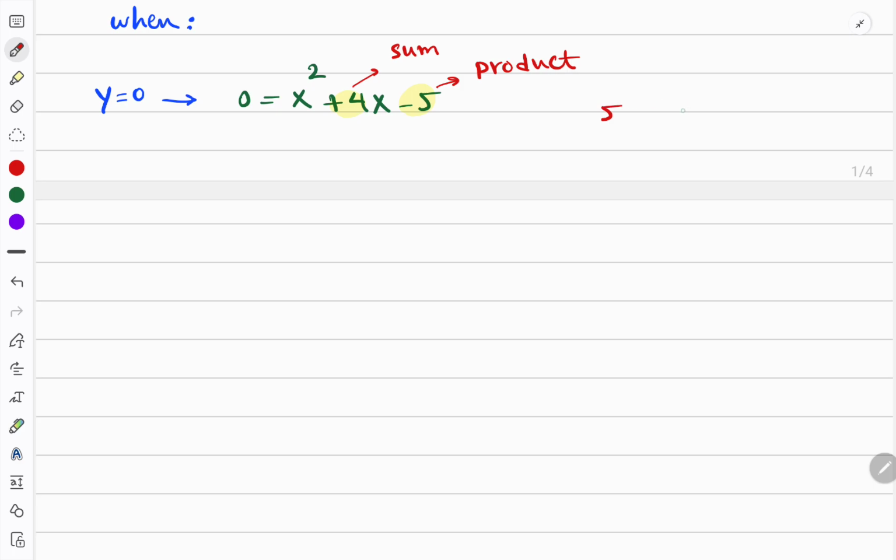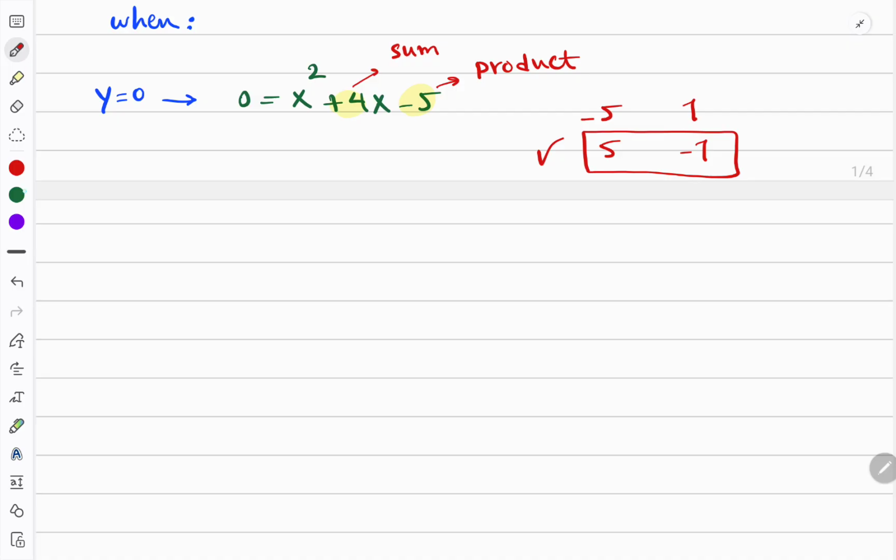So 5 times 1 is 5: -5 and 1, or 5 and -1. The product of both groups is -5. But because the sum of these two numbers is positive, the bigger number would be a positive number. So this group is our answer. 5 plus -1 is 4.